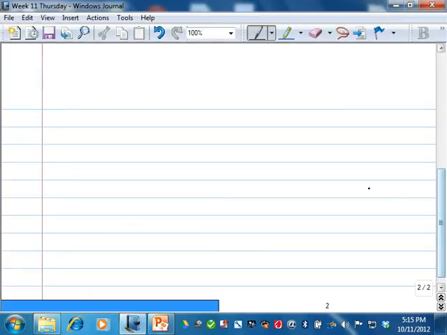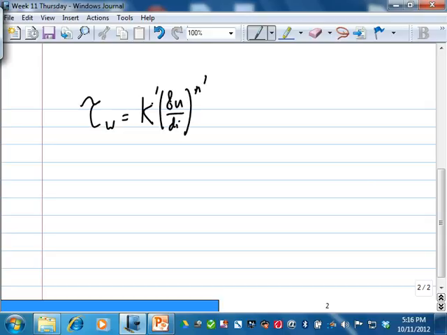So we know shear stress on the wall equals K prime times 8U over Di to the N prime. We are able to measure this because it equals delta P over L times D over 4.